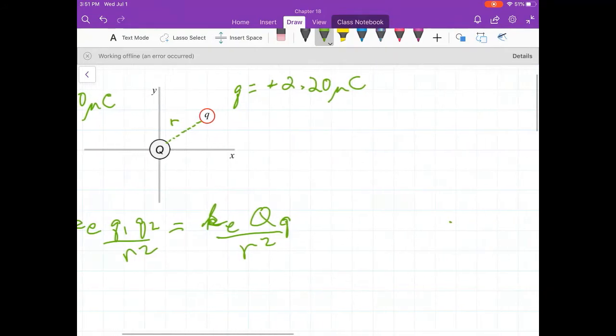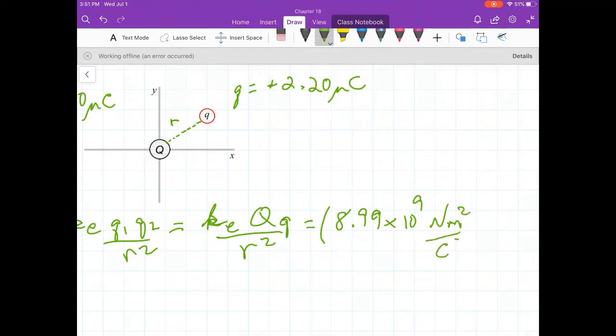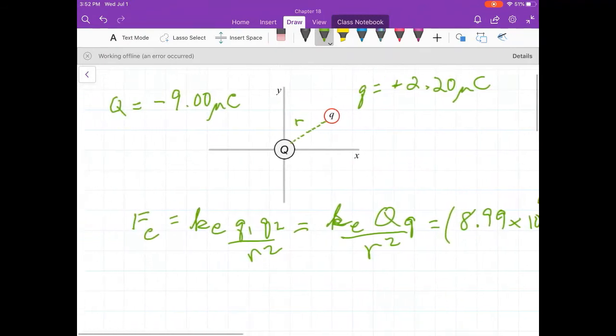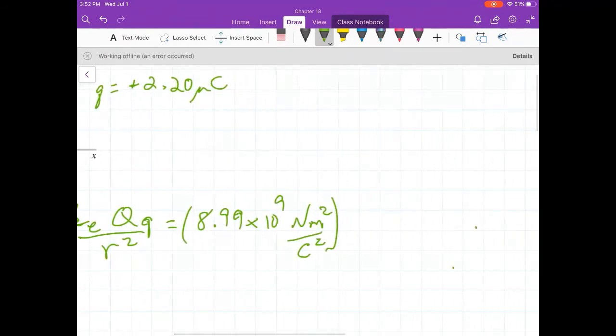Okay, let's plug in the values. K, that Coulomb constant, 8.99 times 10 to the 9 newton meter squared per coulomb squared. The first Q, the large one, minus 9 microcoulomb. Micro is 10 to the minus 6 coulomb.